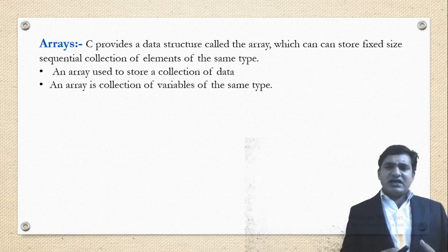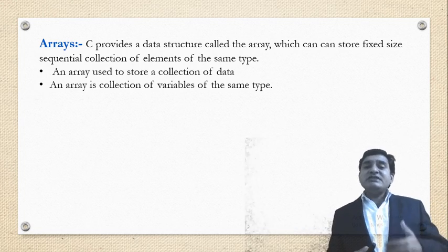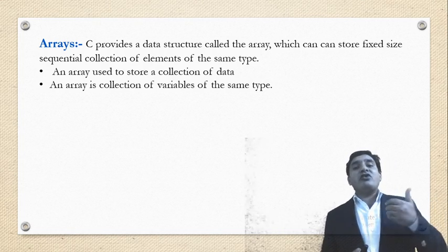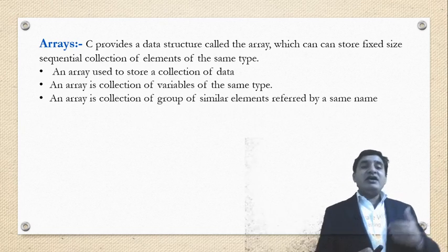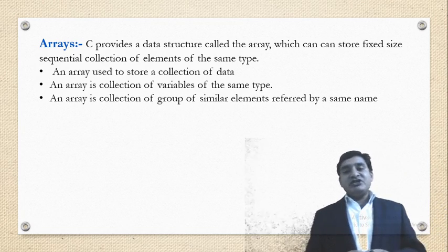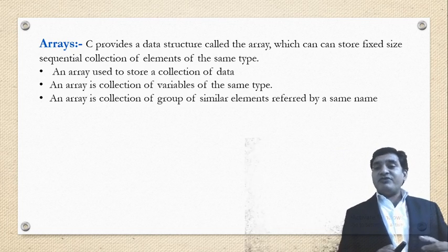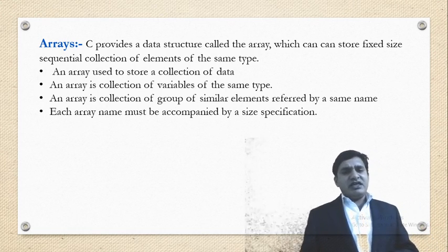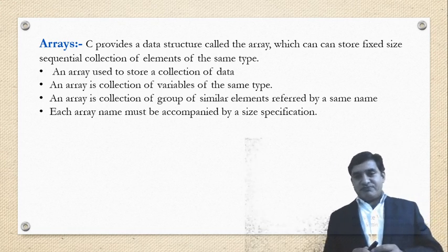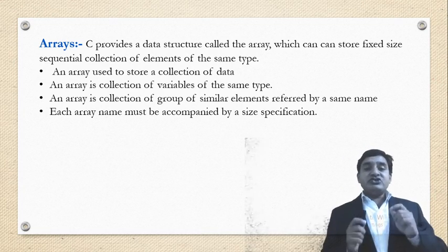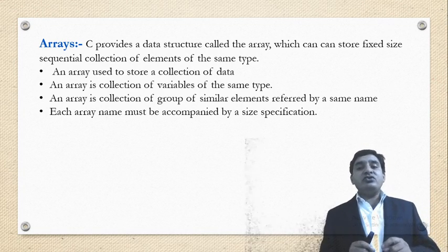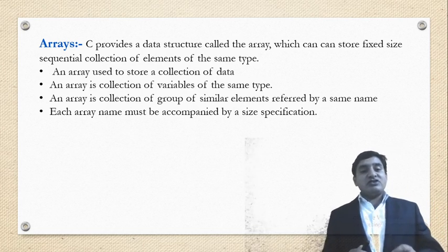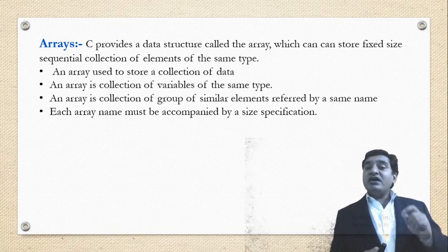An array is a collection of variables of the same type, referred to by a common name. An array is a group of similar elements referred to by the same name. Each array name must be accompanied by a size specification. So when we initialize a particular array, the size of the array must be given.